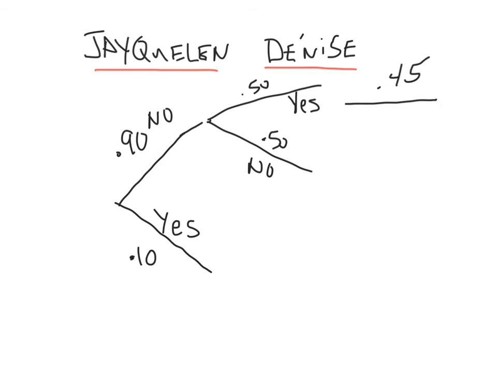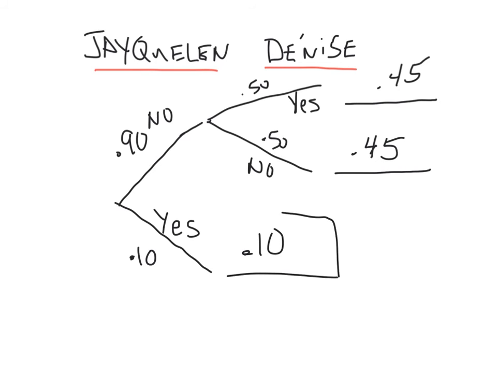She says no, and then Denise also says no, that is also a 0.45 chance. And then what if she just says yes right away? That's a 10% chance, 0.10. So you've got three different probabilities like this.